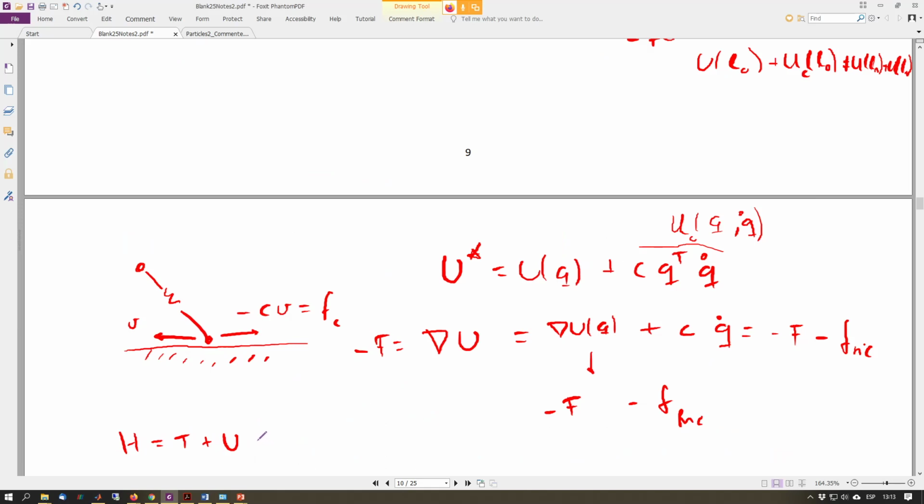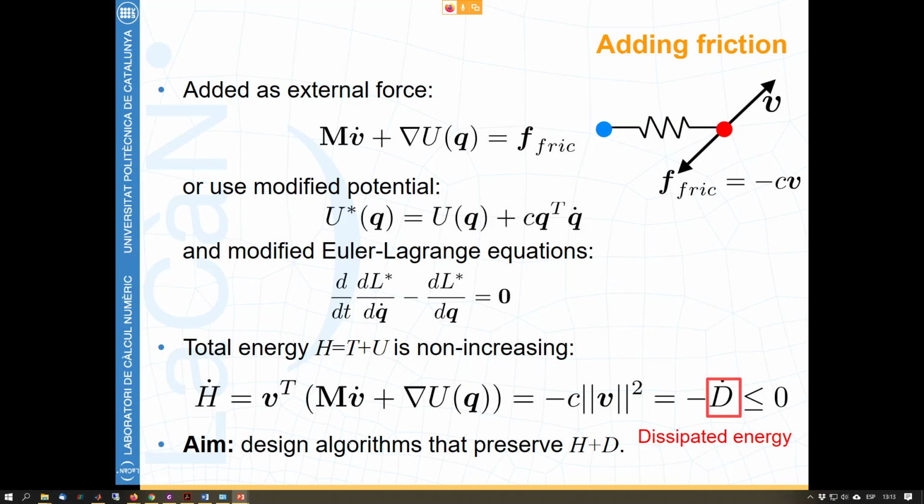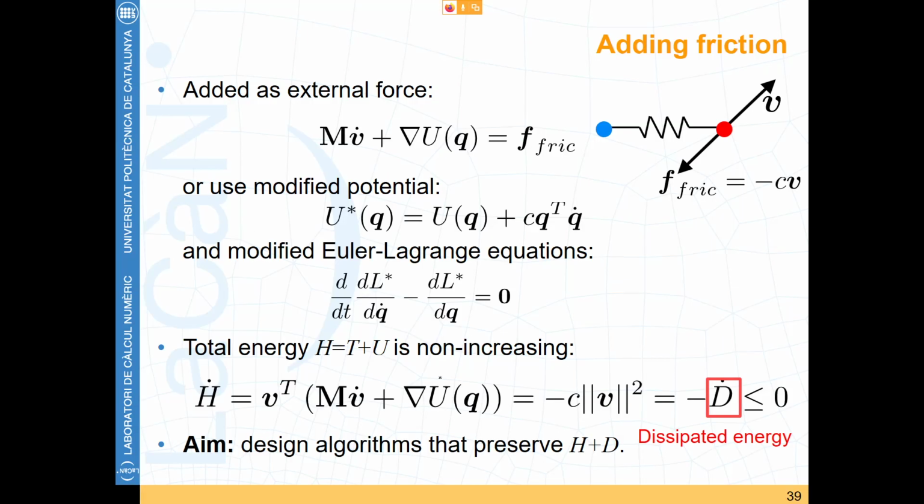So from our equations, h dot would be this velocity by mass by acceleration that we have here, and the gradient of U. In terms of the gradient of U, it is equal to the gradient of U star, which is equal to our velocity. So this is equal to minus m by v dot, but in addition with this term here.